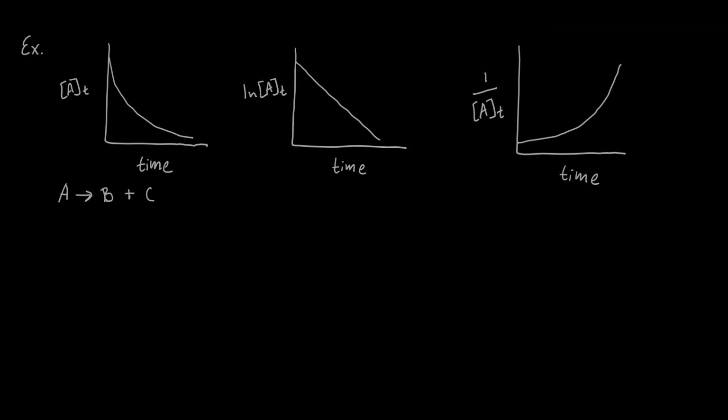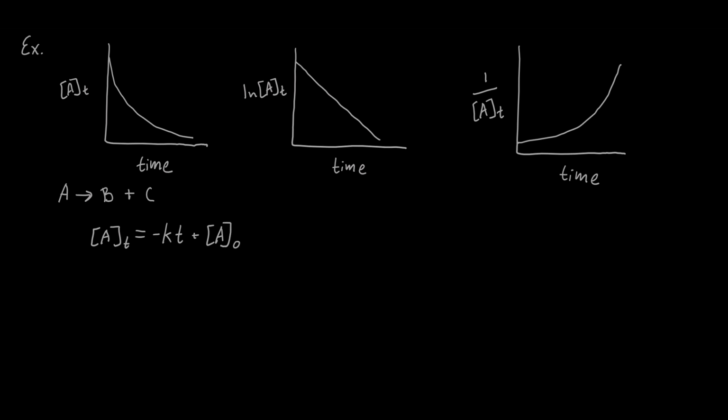So we see this graph furthest on the left, and our y-axis is the concentration of A with respect to time. And so if that's our y value, since it's on our y-axis, we can match that to our integrated rate law equation, which is the zeroth order equation. And our equation there is negative Kt plus the concentration initially.